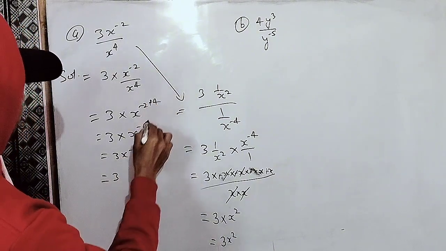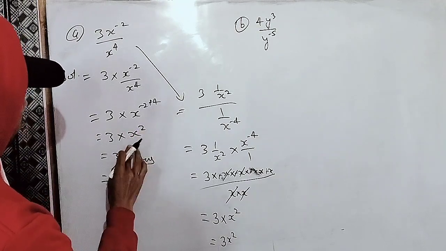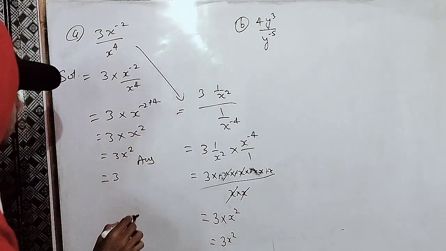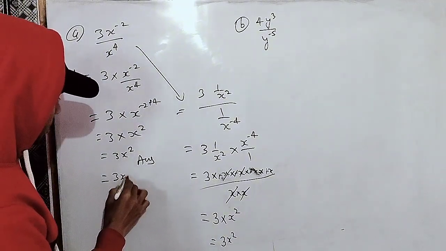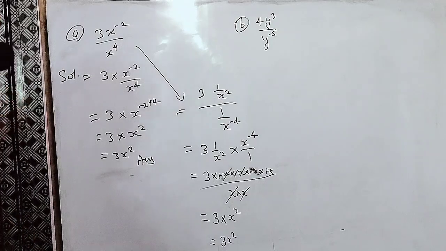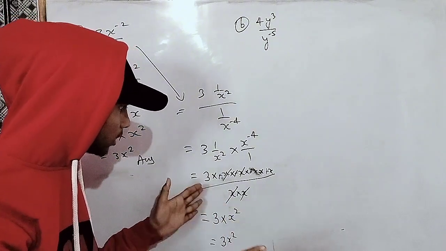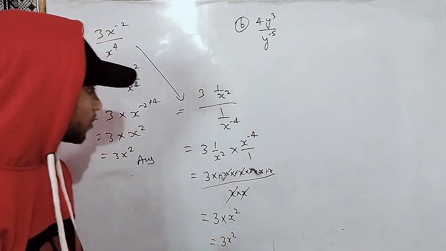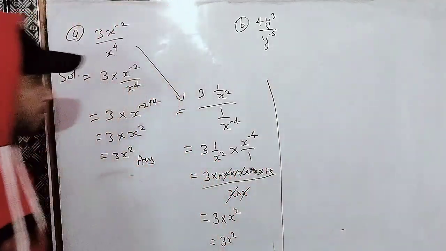So here what we have, how much? Now we have 2. Is it correct? Now it's correct. Okay, I did something wrong. Now it's correct. So here we just factor our exponents. Clear? Now the other way.